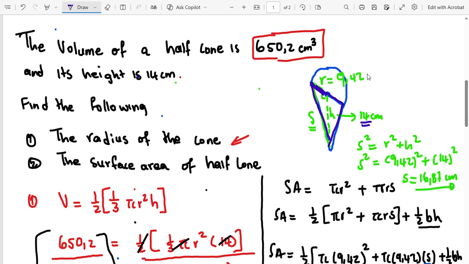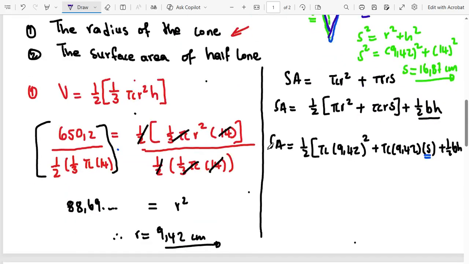So the base will be r times 2. So our base will be 9.42 times 2, because that's the base.